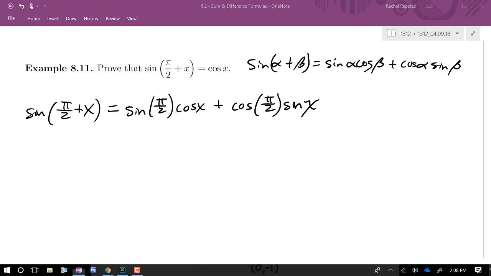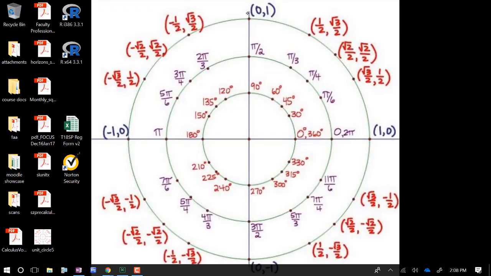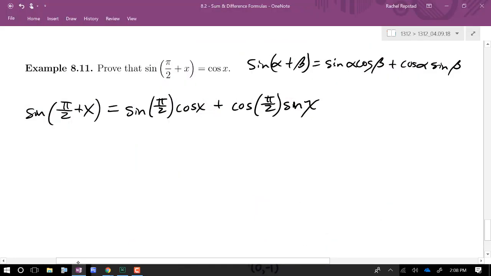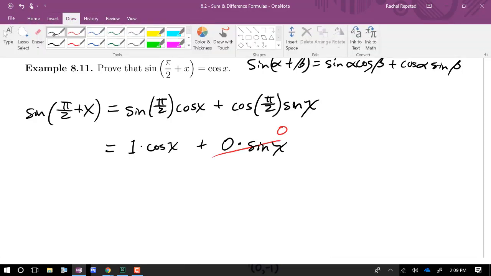Sine of pi over 2 is 1, right? Pi over 2 is right at the top of the circle here. Sine is 1 there, and cosine is 0. So we're going to need both those values. Sine of pi over 2 is 1 times cosine x, plus cosine of pi over 2 is 0 times sine x. So, of course, this zeroes out, and we're just left with cosine x.